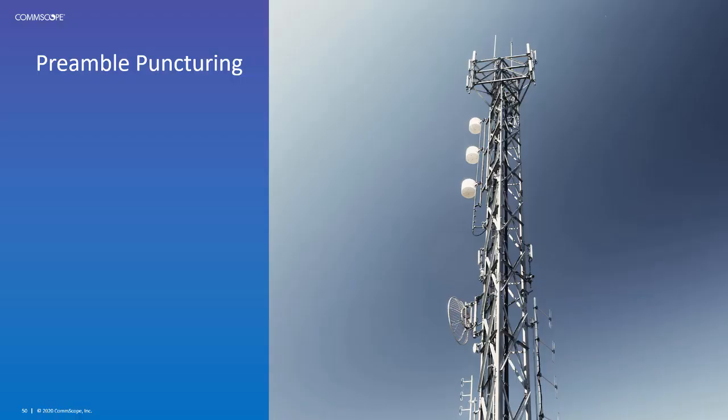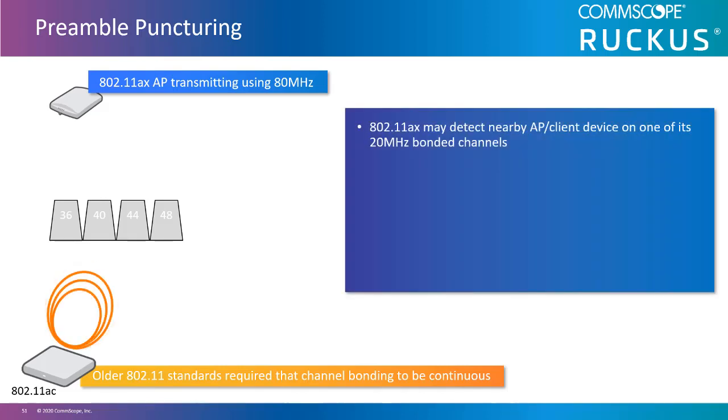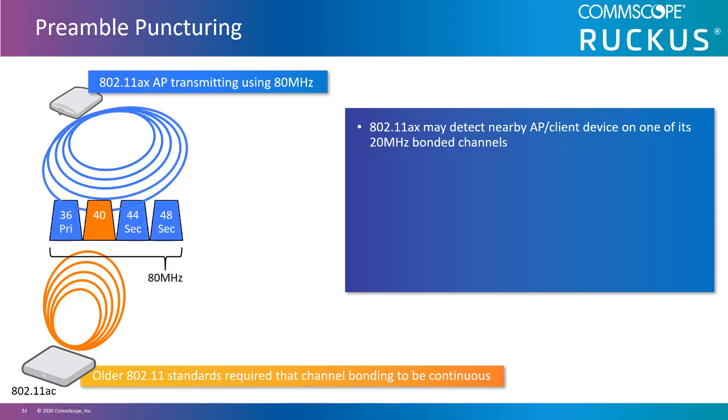In this section, we'll look at preamble puncturing and how it improves spectrum efficiency. Preamble puncturing is an optional capability available whenever an 802.11ax AP detects a nearby AP on one of the 20 MHz channels used for its 80 MHz transmission. In the past, the AP could either use dynamic channel widths and shrink to a 20 MHz transmission, or back off and wait, which leads to waste of spectrum.